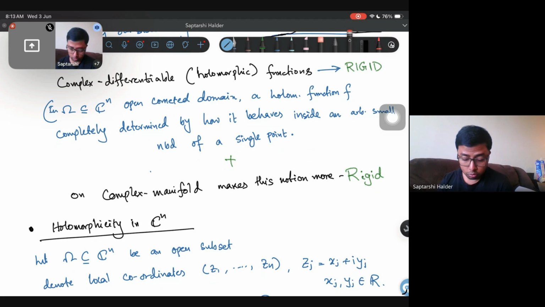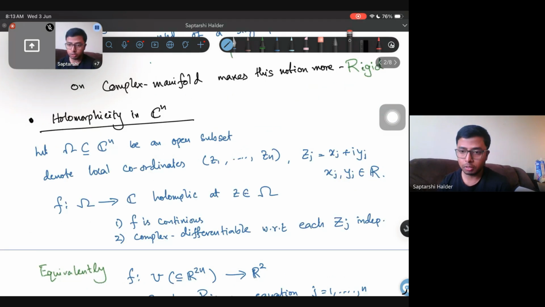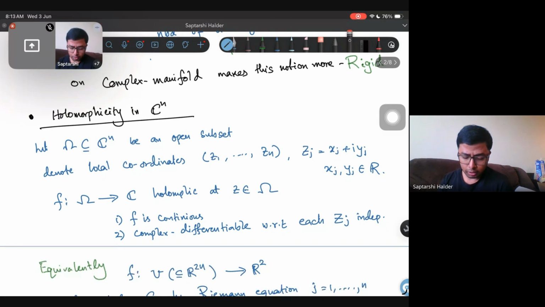Before going to that, we will talk about C^n when n is greater than or equal to 1, and what holomorphicity means in C^n.